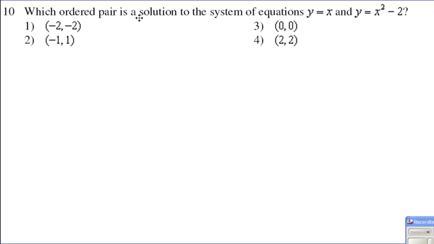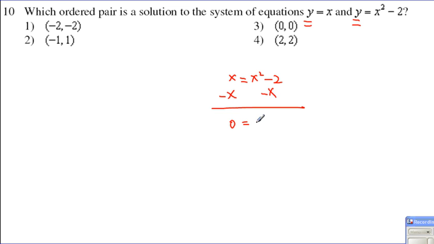Which ordered pair is a solution? That means which number can be plugged in and then can satisfy both equations. Now, since both of them are y, what we like to do is x equals x squared minus 2. Then we can subtract x from both sides.